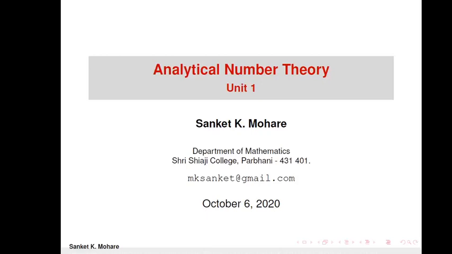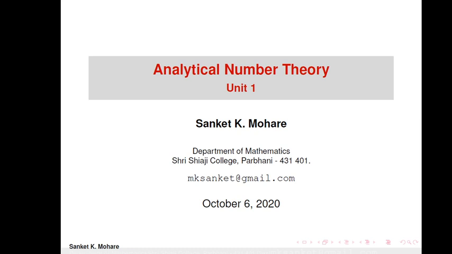Hello. In the previous video, we discussed the definition of congruence modulo n and its properties, also some theorems. So, what is meant by congruence modulo n? Two integers are said to be congruent modulo n.